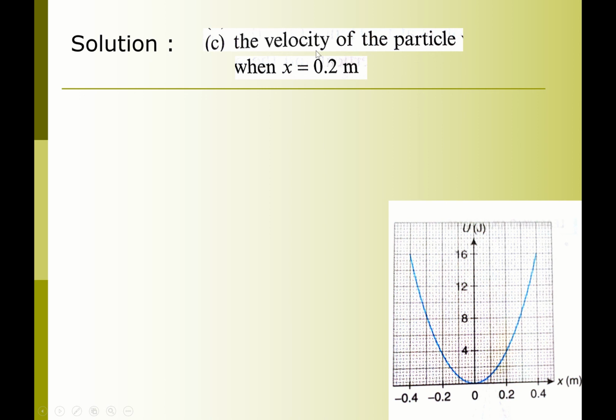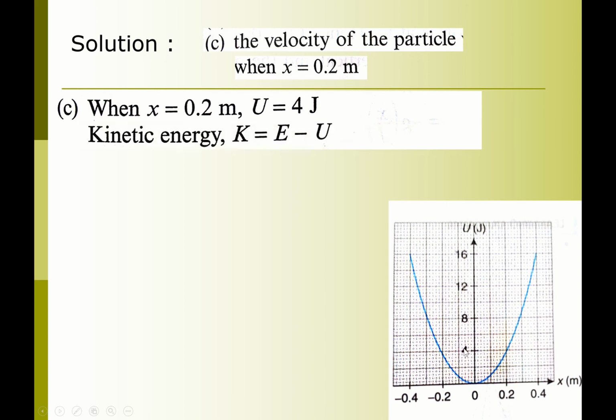calculate the velocity of the particle when x equals 0.2 meter. One of the methods we use is the kinetic energy equation. From the potential energy graph here, when x equals 0.2, the potential energy is 4.